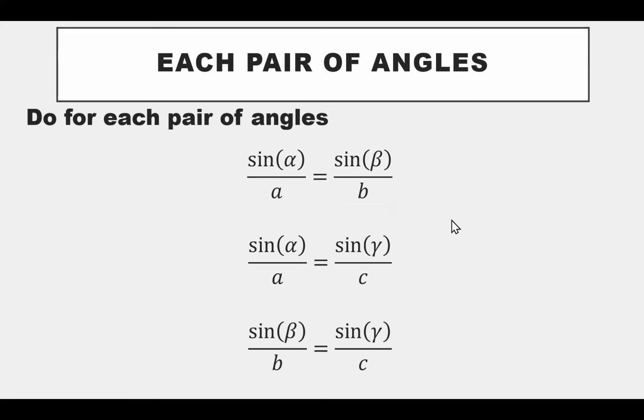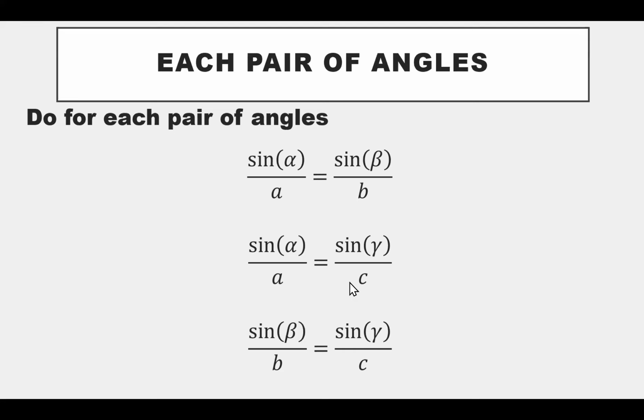For each pair, we can just draw the altitude that gives us the height of the triangle with various bases, and it would give us the different equalities. We'd have sine of alpha over a equal to sine beta over b, like we saw. If you drew the height on base b, you'd end up with sine of alpha over a is equal to sine gamma over c.